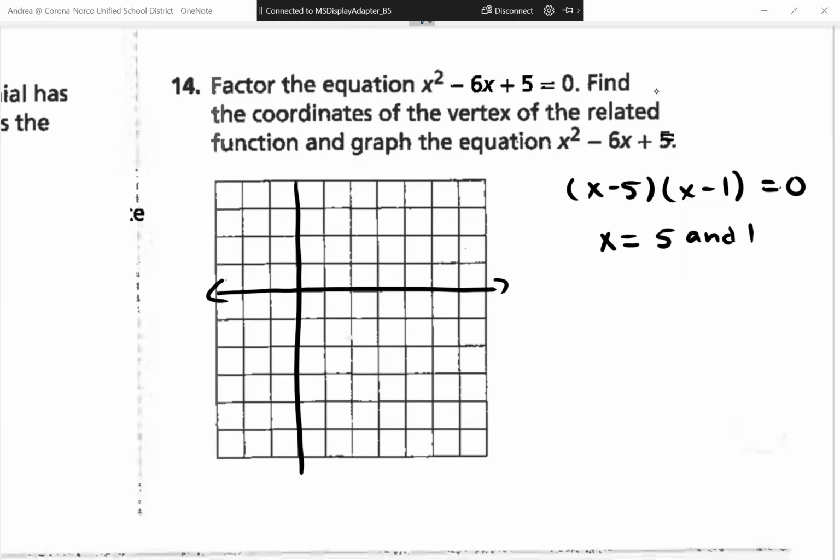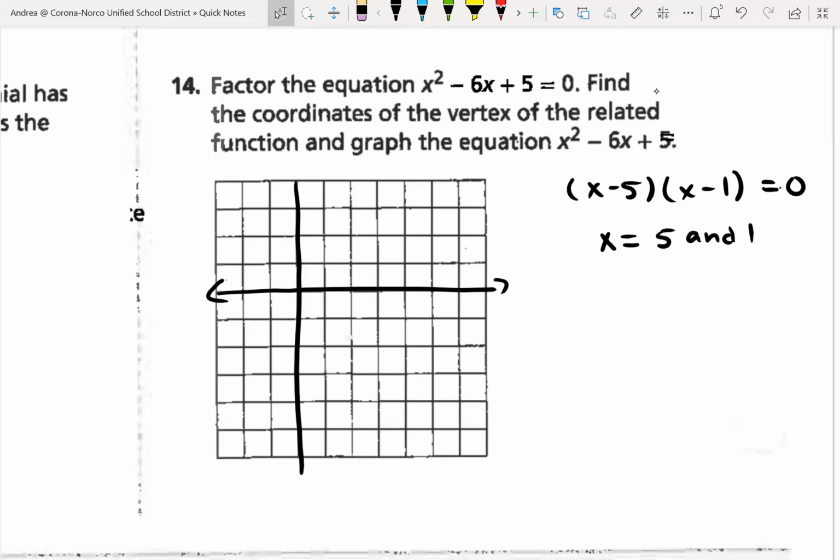From there you can find your axis of symmetry by just finding the middle. 5 plus 1 divided by 2, which is 3. So my axis of symmetry is at 3.